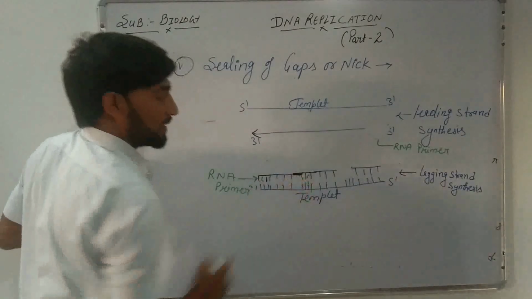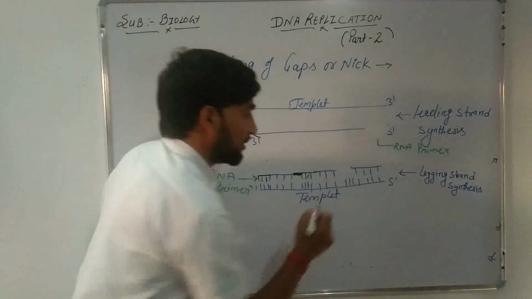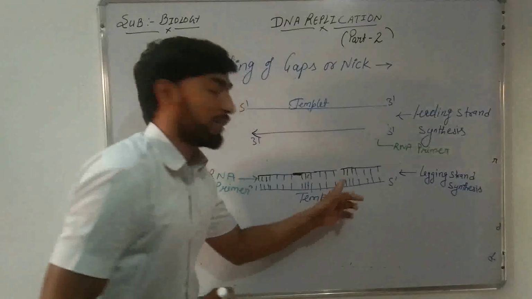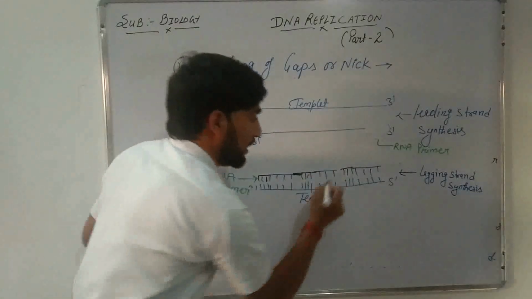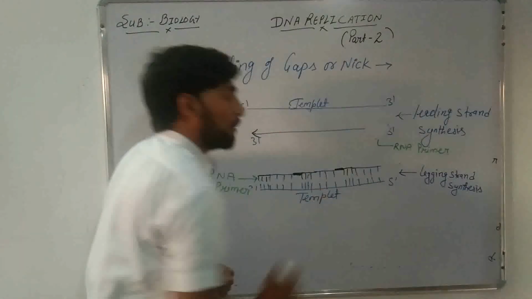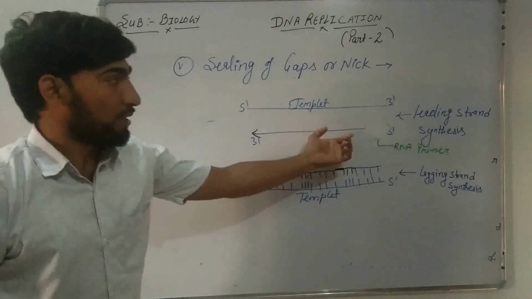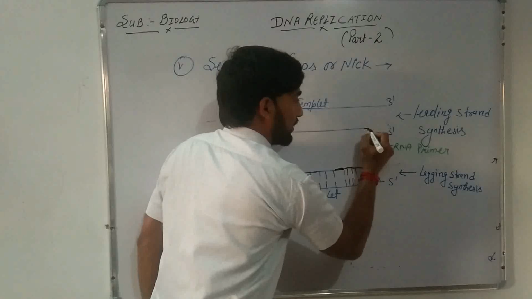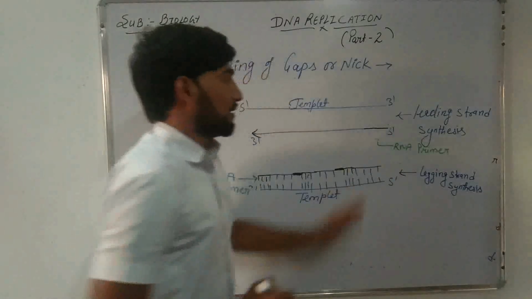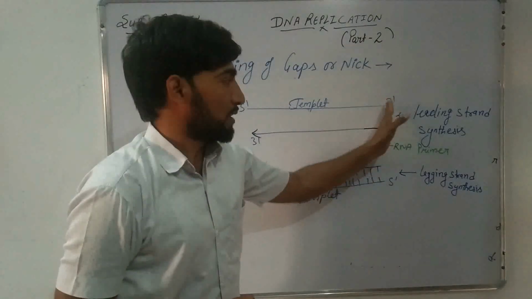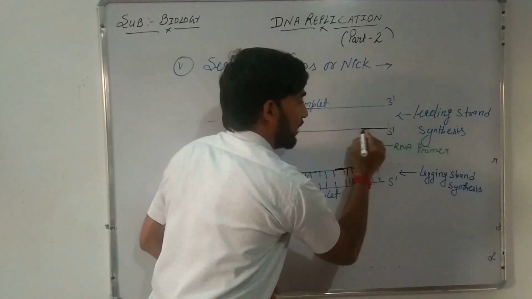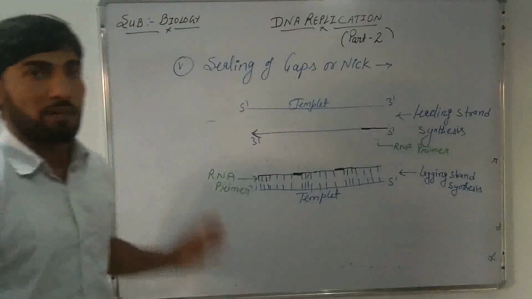So the nucleotides are added with the help of DNA polymerase III enzyme, and these gaps are sealed with the help of ligase enzyme. In leading strand synthesis, again the DNA polymerase enzyme adds the nucleotides on the basis of complementary base pairing, and this gap is sealed with the help of the ligase enzyme.